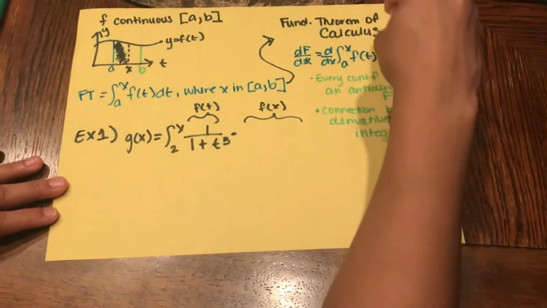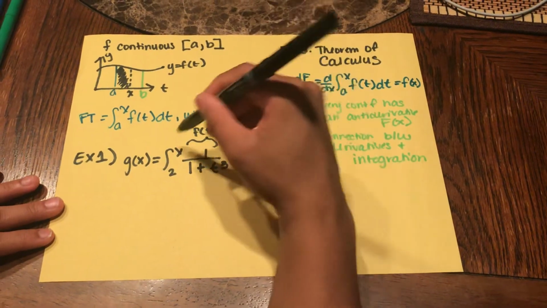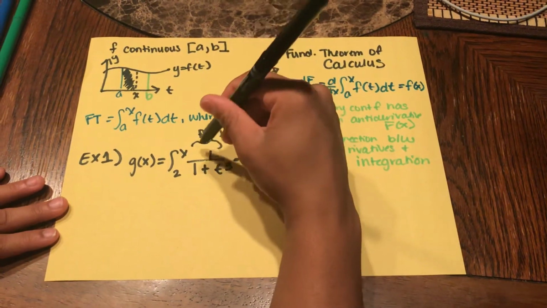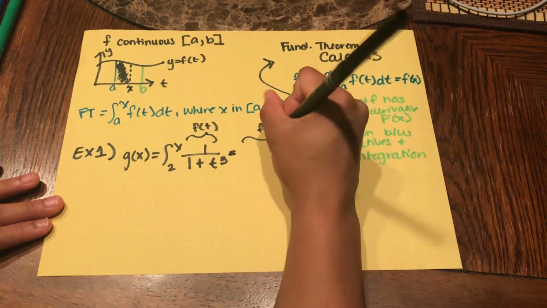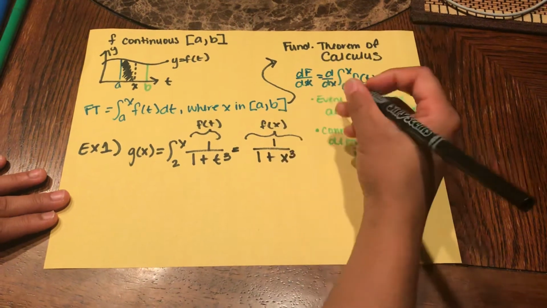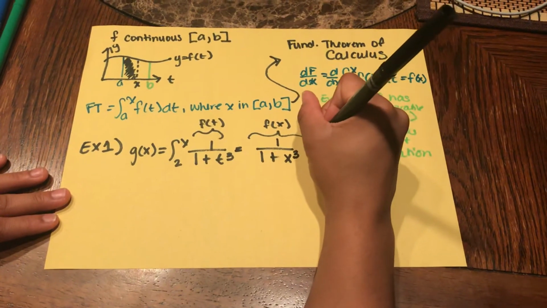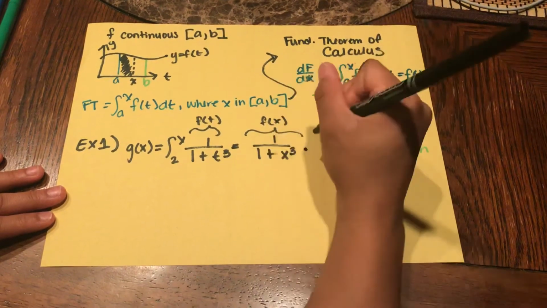So to turn it from the t term to the x term, we're just going to plug in our x's for t. So this would basically equal 1 over 1 plus x cubed, which is basically our answer.